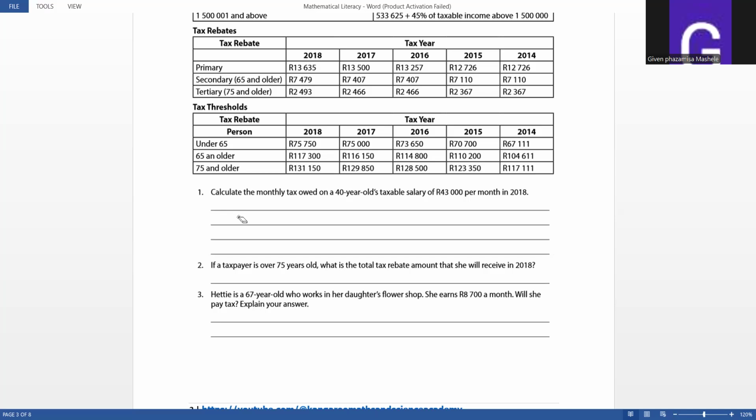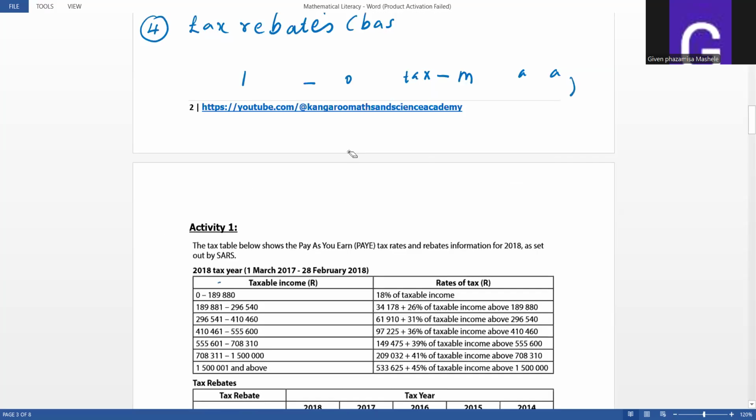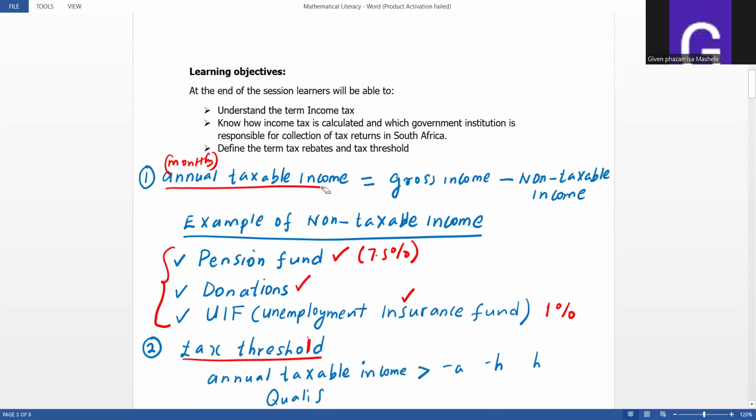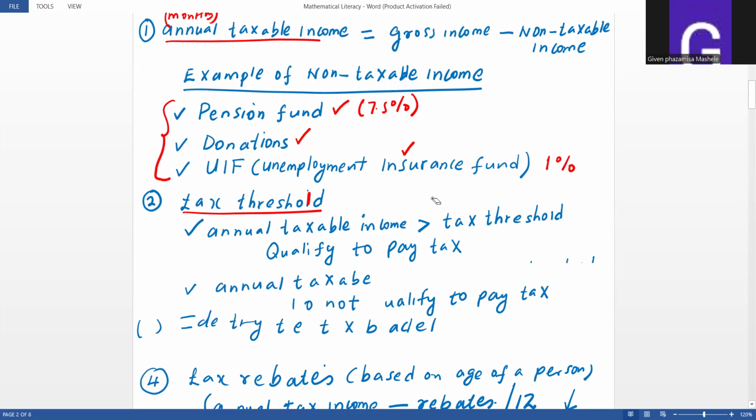We know that when we are calculating a tax, we must have an annual taxable income, because the tables are set based on years, not months. So number one, we must first calculate the annual taxable income, not monthly.